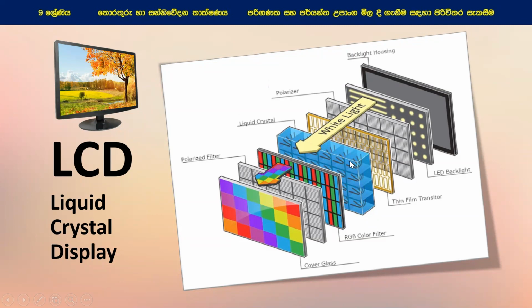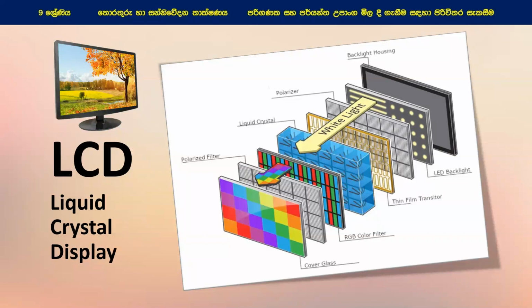So this picture explains the inner side, or the internal structure, of an LCD, right? There are so many layers. The major component is this liquid crystal, which helps the monitor to create very sharp images, right? This white light will travel through a lot of layers, including the liquid crystal layer, and will be converted into a picture with the help of these components.